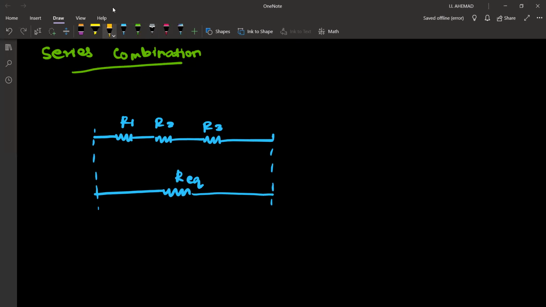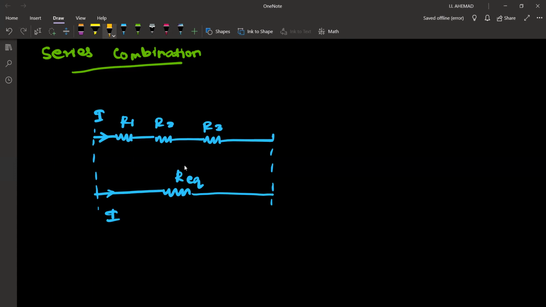The current we supply through this is I, and the current through this is also I. Now this combination shouldn't make any changes to the circuit.